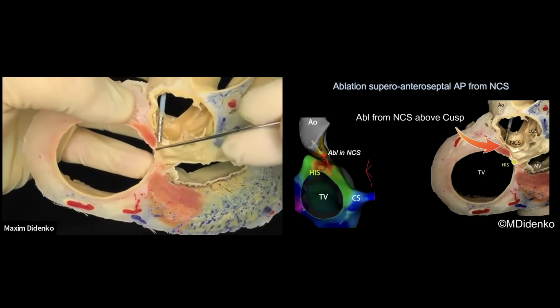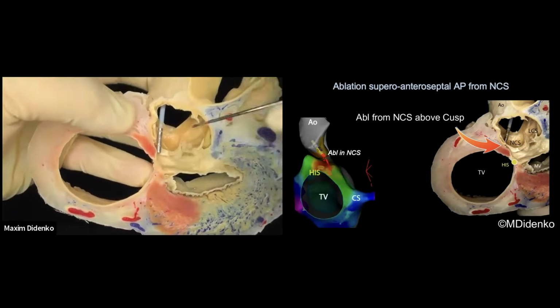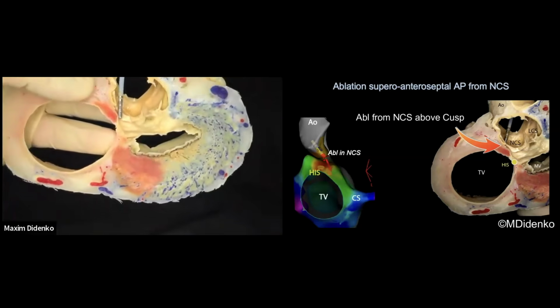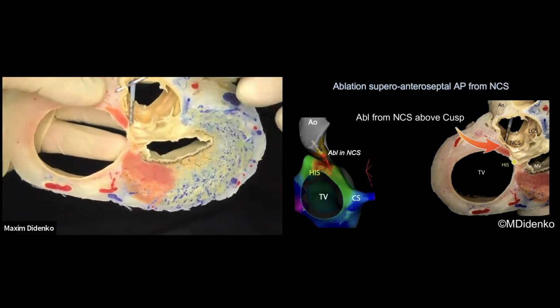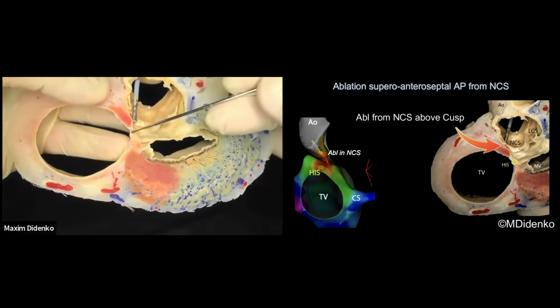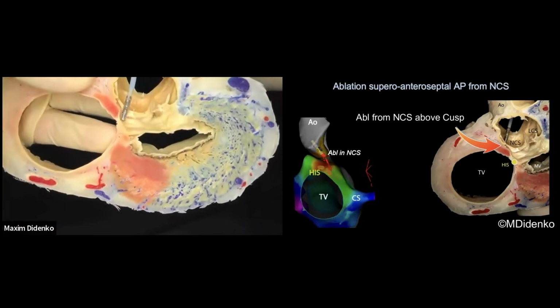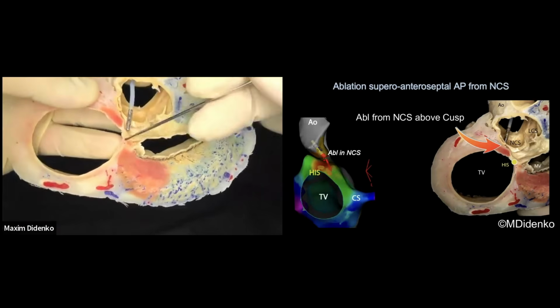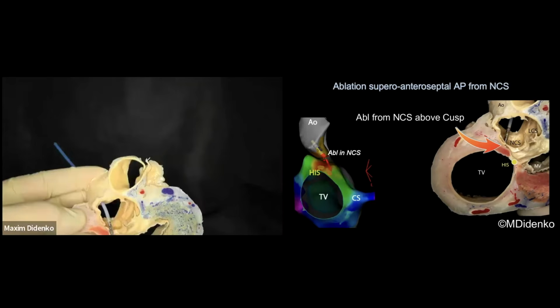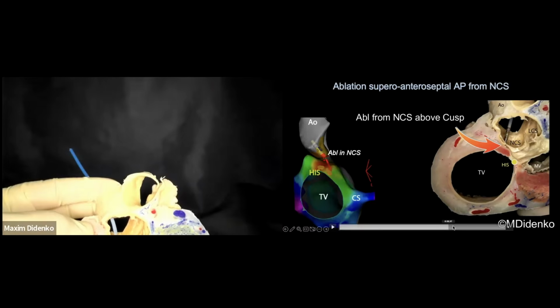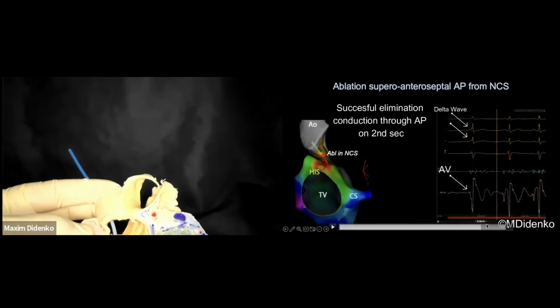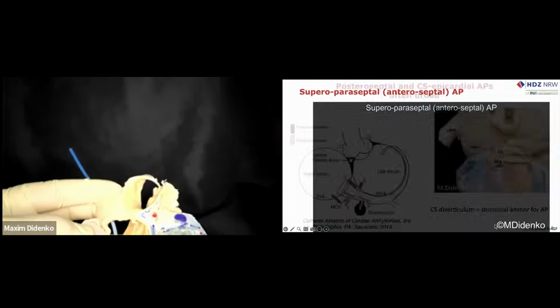So it's here, and of course it will be somewhat defended from our energy by this fibrotic tissue. Of course, you can go deeper, and then you have a chance to damage the His, but at least it can be safer from this area here.